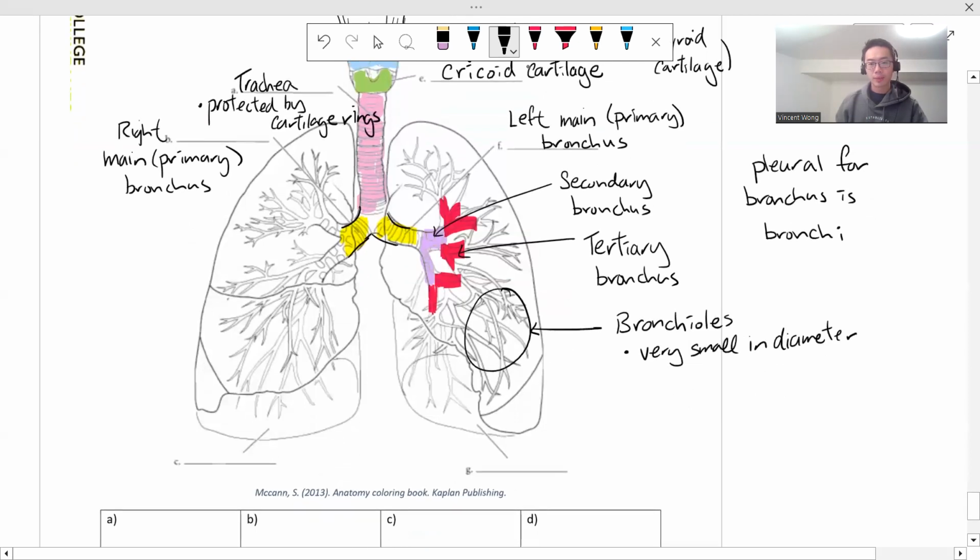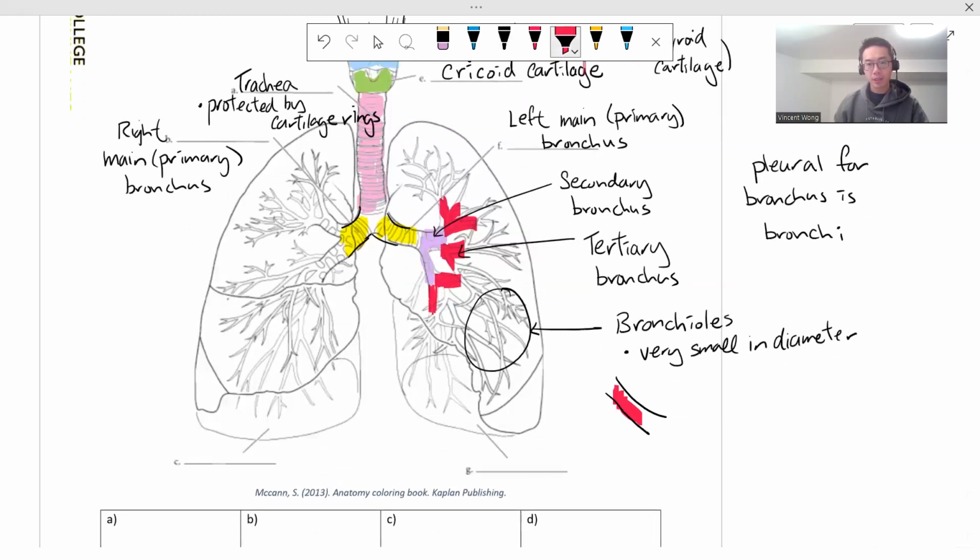Right. So look, you're going to have your tertiary here. I'm just going to use the same color. And then it's going to become really small. It's going to branch a couple more times.